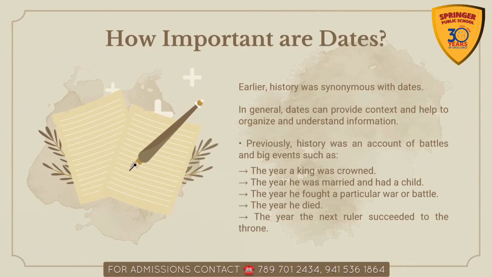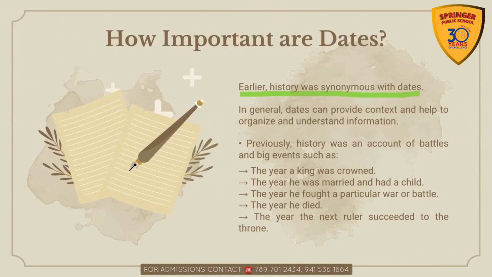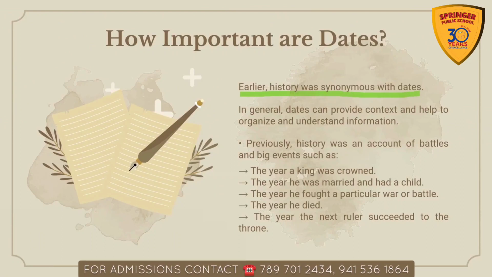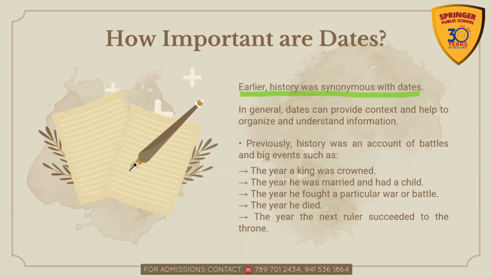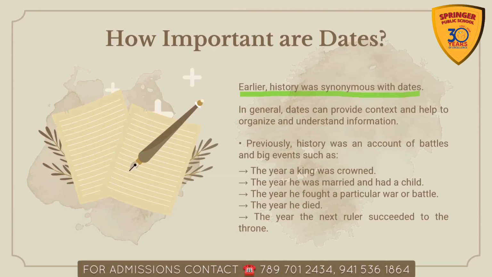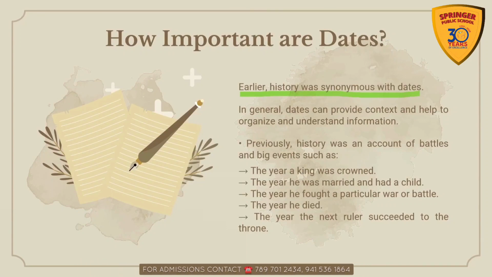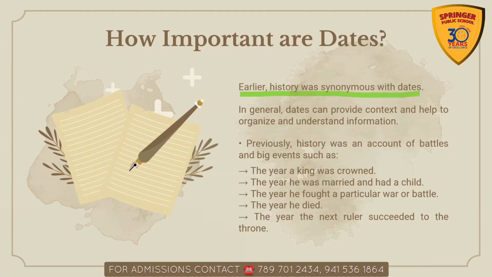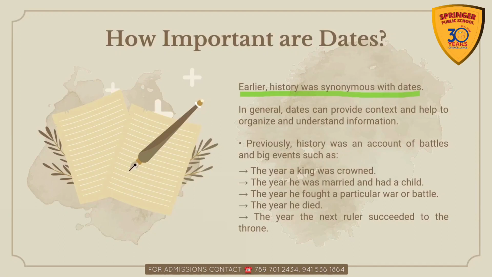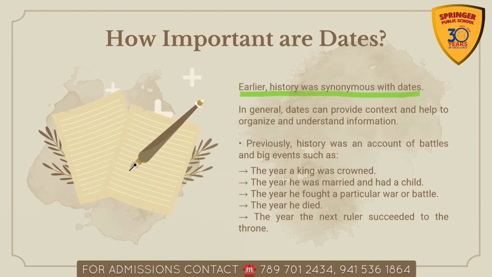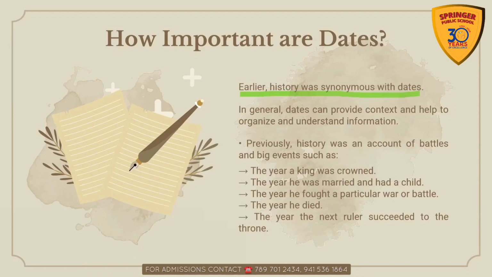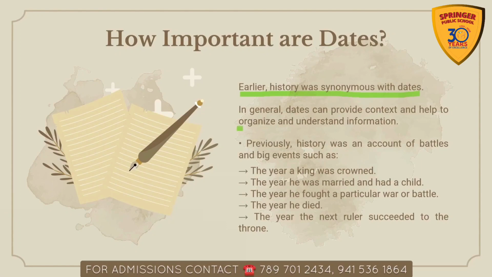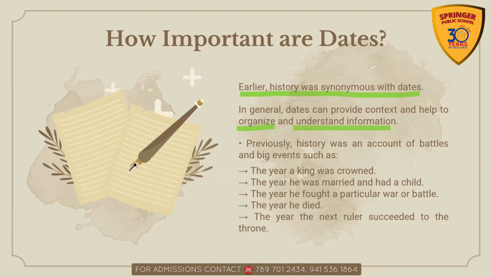For example, in history, the date of an event can help to place it in a specific time period and understand its significance in relation to other events. In personal life, dates such as birthdays and anniversaries can be significant milestones and occasions for celebration. In general, dates can provide context and help to organize and understand information.